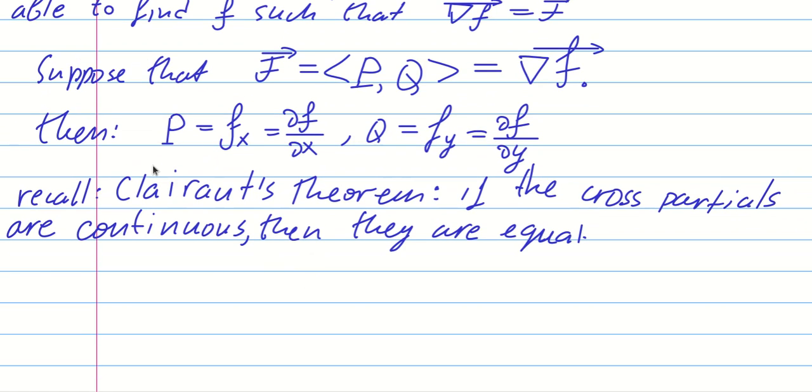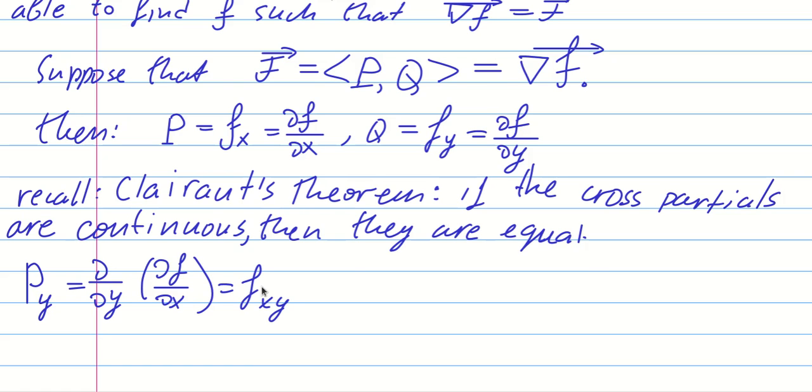So that means what? If we take P and take a partial with respect to y, which will be the derivative of f with respect to x, this would be exactly f_xy. And at the same time, if we think about the partial of Q with respect to x, that's the derivative with respect to x of df with respect to dy. So this would be f_yx.